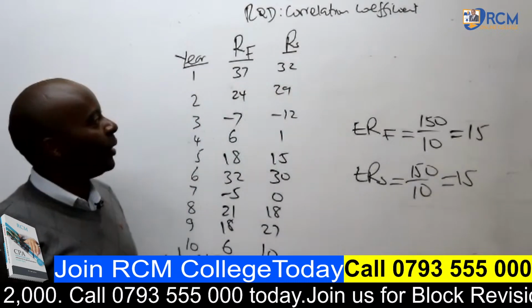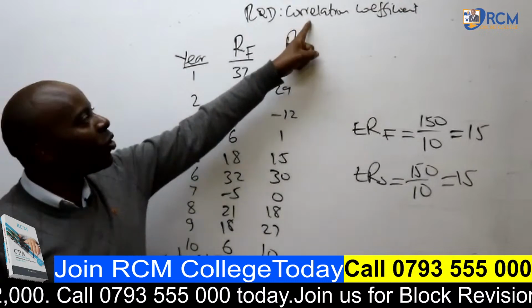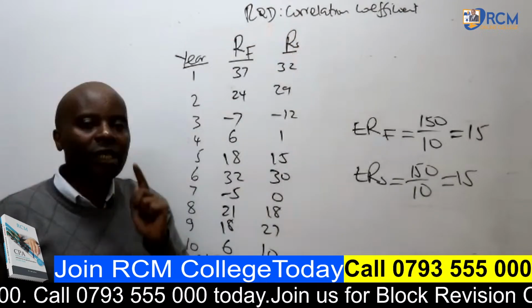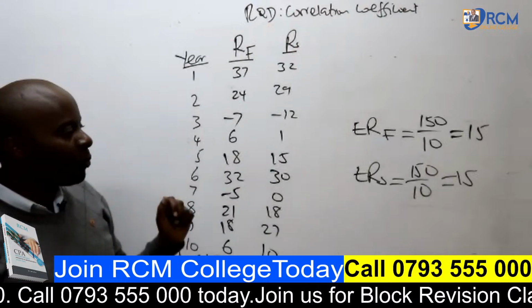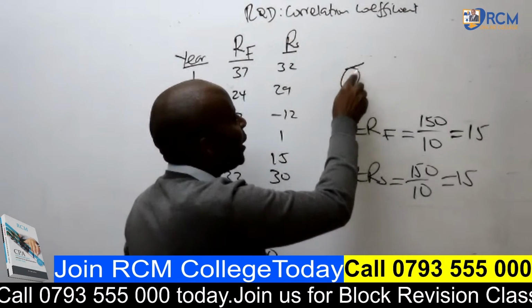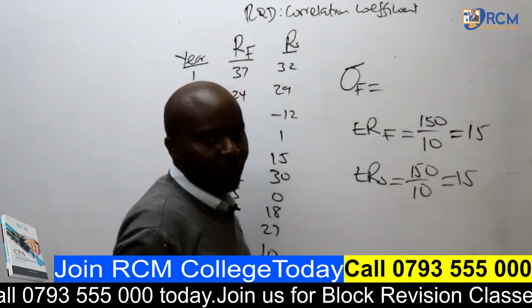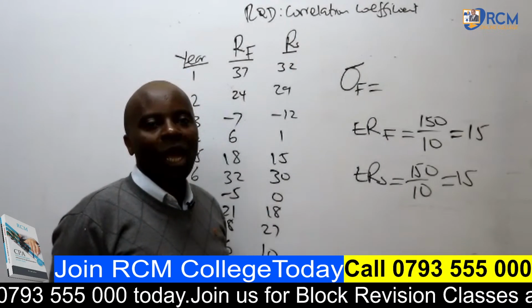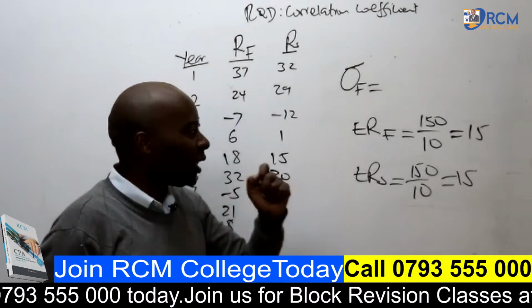Now, ladies and gentlemen, there is no way I can get the correlation coefficient without getting the standard deviations. So I expect you, great students of mine, to give us the standard deviation of F. How do I get it? It's quite easy.